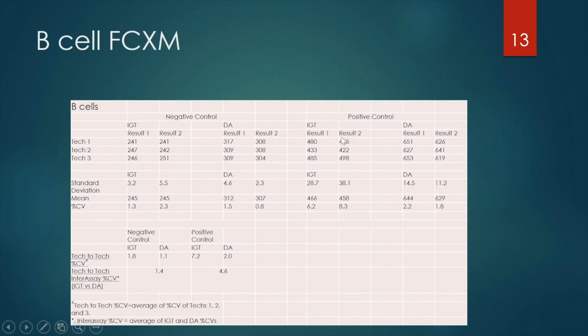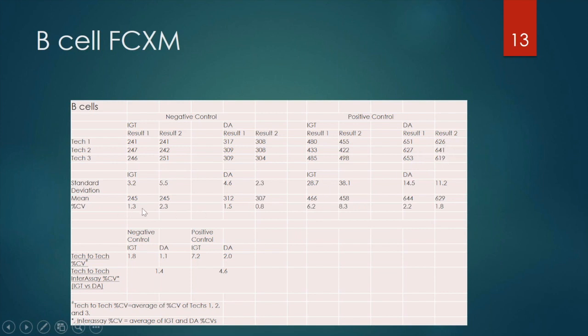Now, if we focus on the positive control, it's 480, 433, 485 for the 3 techs, whereas these are the duplicates: 455, 422, 498. So there is little variability, but they are still good. When it comes to the DSL method, the values are even closer, with 651, 627, 653 for the 3 techs, and 626, 641, 619 for the 3 techs.